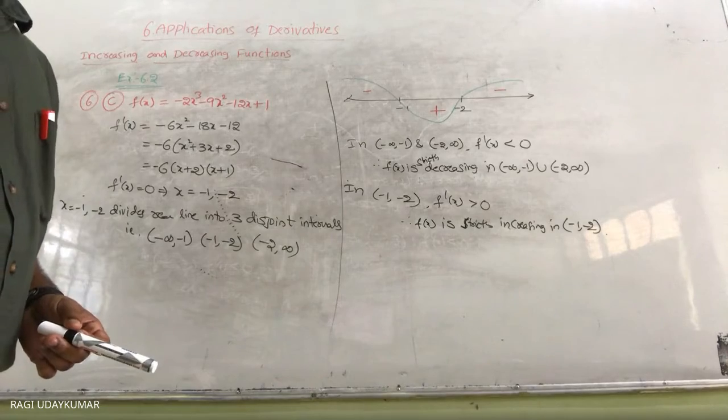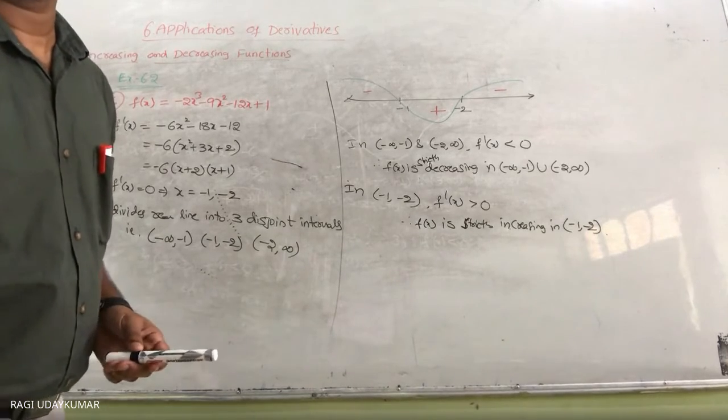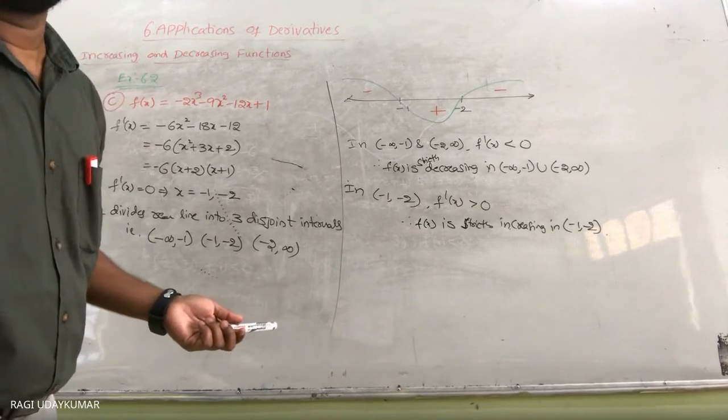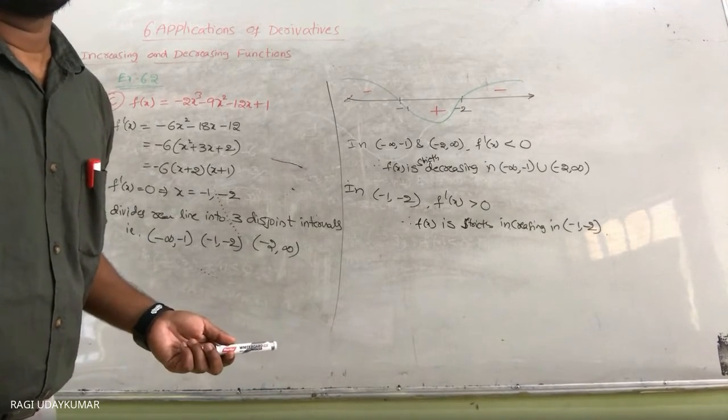The next question given to you, the fourth question, is 6 minus 9x square. This is very simple, you can do it, it's not complicated. And problem number E, let us see.